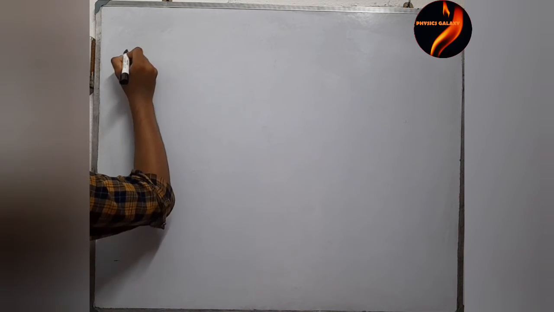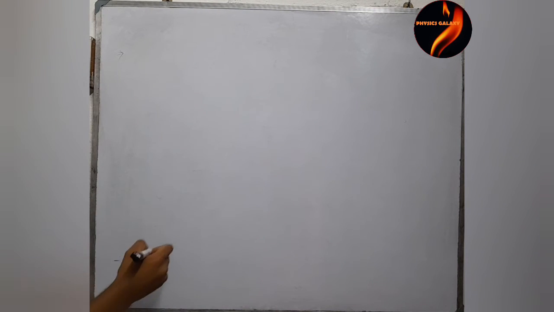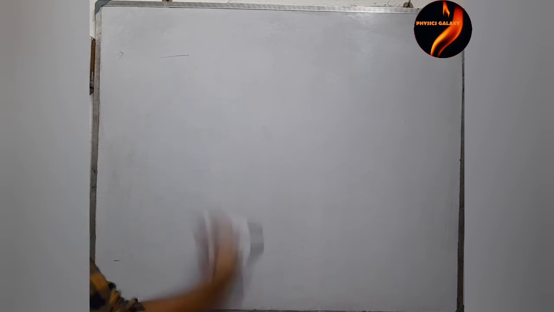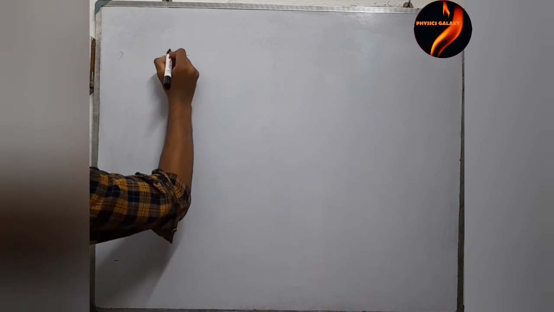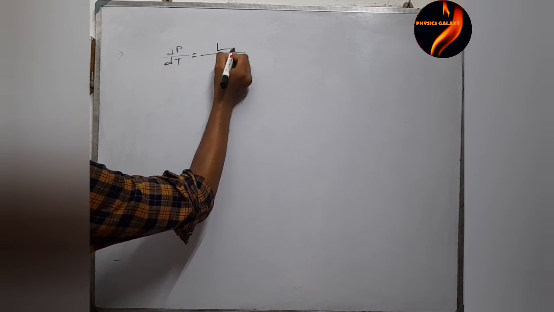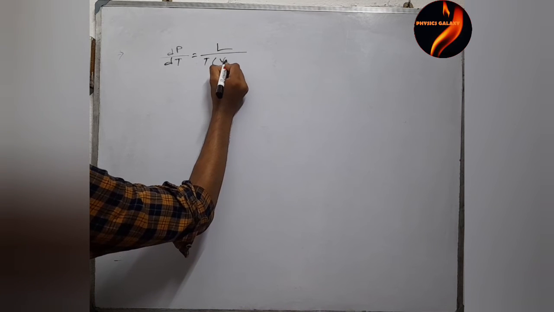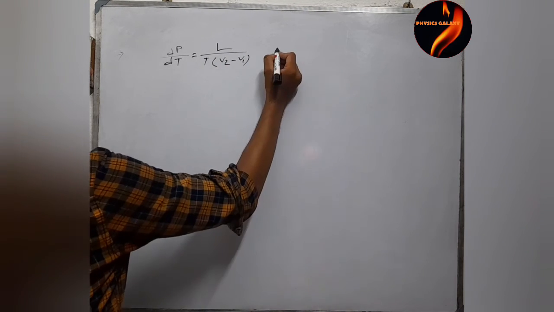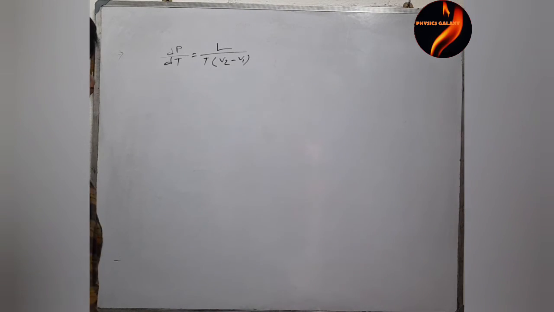To solve this problem, we have to know the Clausius-Clapeyron equation. We know that dP by dT equals L, the latent heat, by T into V2 minus V1. Here V2 is the specific volume of the final state, and V1 is that of the initial state of the substance.